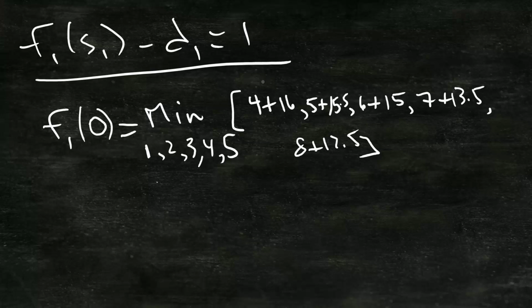And so we have here a 20, a 20.5, 21, 20.5, and 20.5. So we have 2 possibilities, 2 ties. Actually, we have 3-way ties. No, we don't. The lowest value is 20, which is to produce only 1. So the total here is 20.